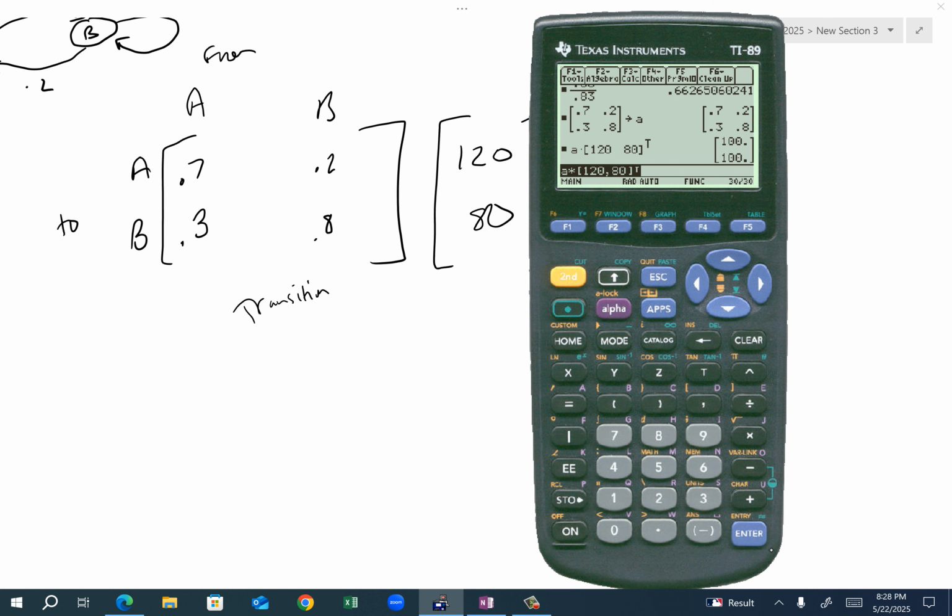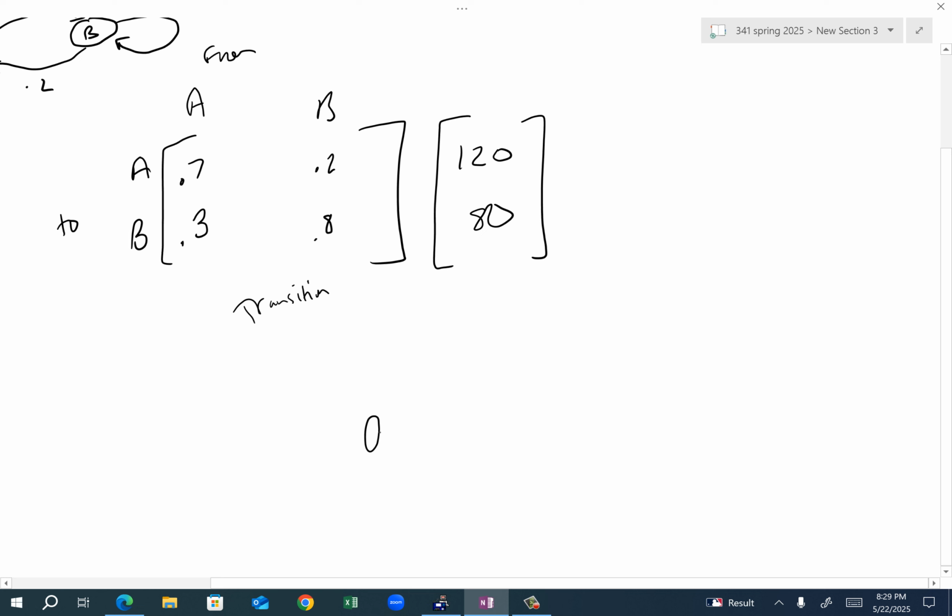So now there's 100 in each. Now what? Well, I'm going to take A times that answer, and I get that. And if I do it again, wait, but aren't you just taking A? Exactly, friends. We're going to take A to the k power times this initial vector.